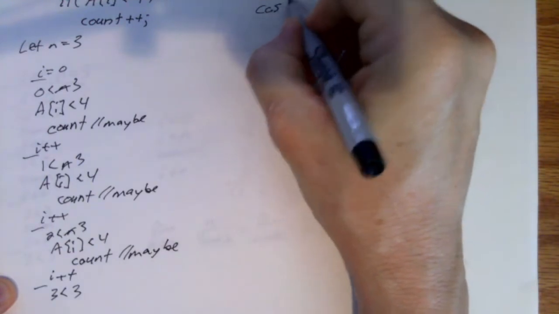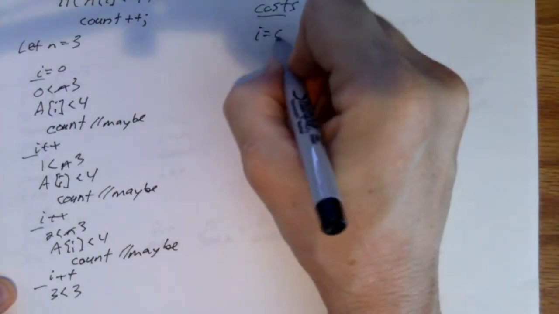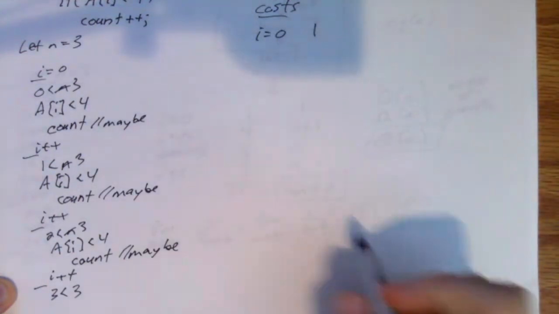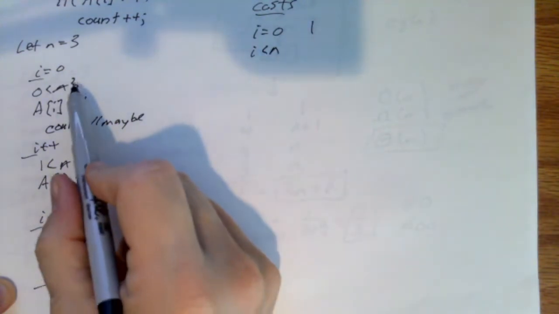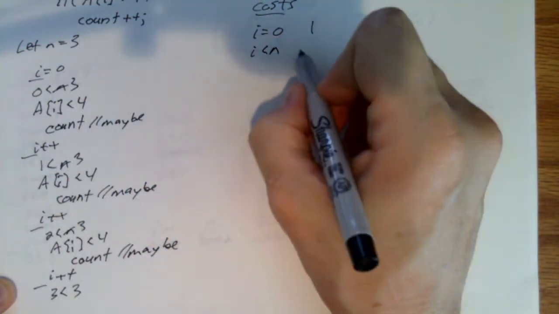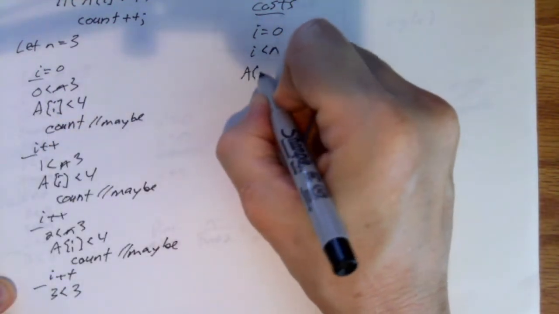Let's do what we did before in terms of the costs. So we had i equals 0, which had a cost of 1. We had is i less than n. That happened 1 time, 2 times, 3 times, 4 times, just like before. How many times do we ask is A sub i less than 4? 1, 2, 3.